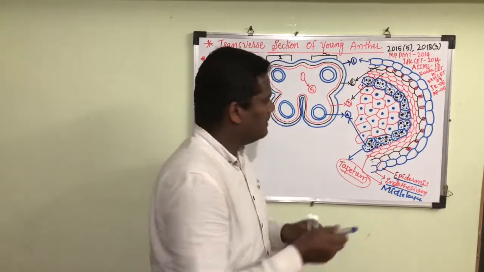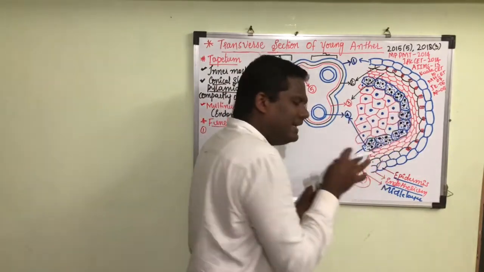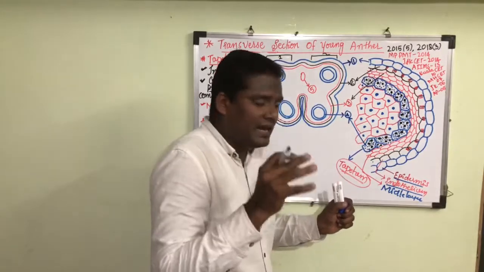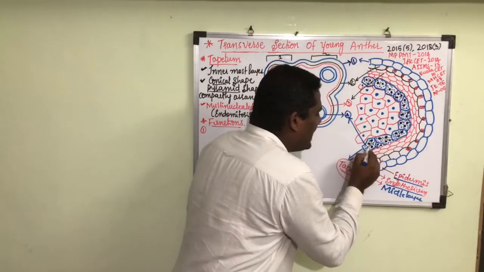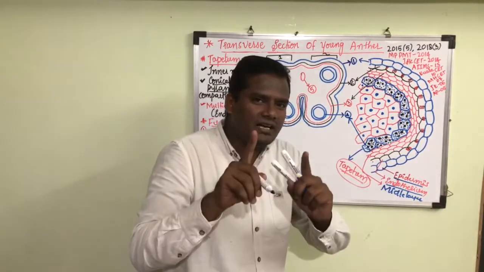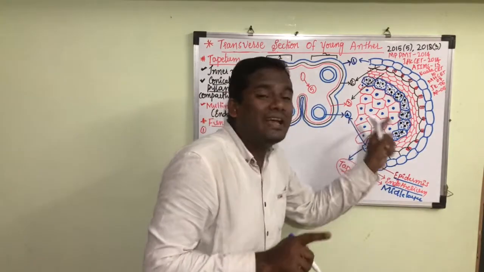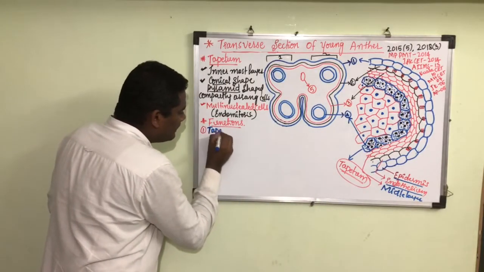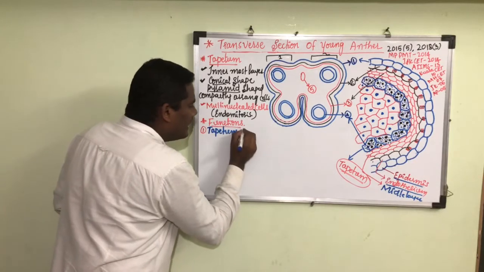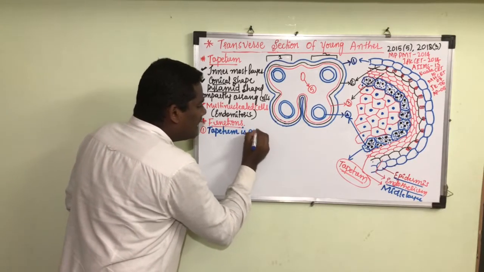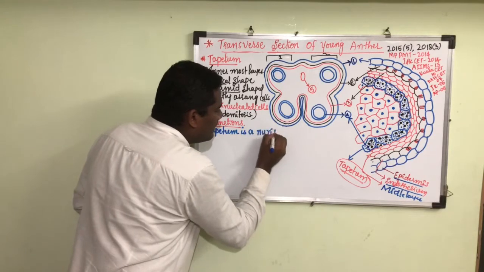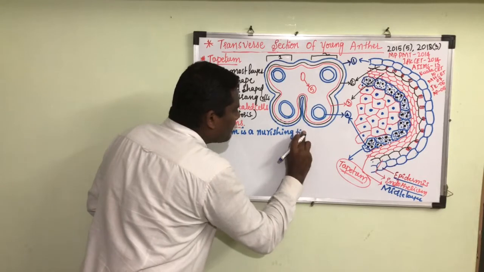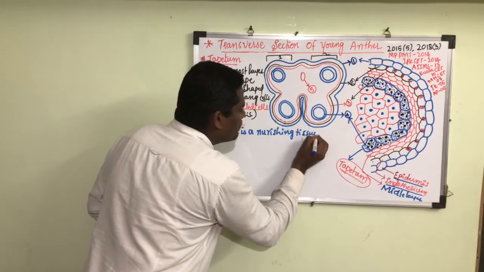These cells are all filled with an abundant amount of nutritive substance, and this nutritive substance is present in the form of protoplasmic content. Hence, tapetum is a nourishing tissue.